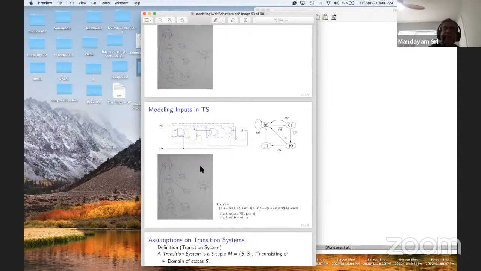But when I say it is a closed system, what I mean is that all the components of the system are merged into the states of one single transition system modeling the whole thing. That's what I mean by a closed system. Does that answer your question?